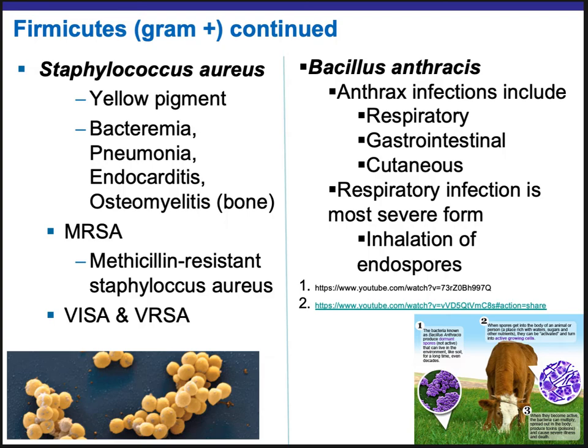Cutaneous, if you get it in a wound, it can infect a wound, but also nothing really of note for that. It's really the respiratory infection why we talk about Bacillus anthracis, because it can cause an acute respiratory distress, and it can definitely be fatal, right?